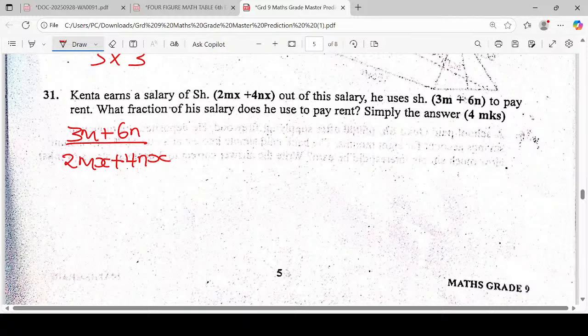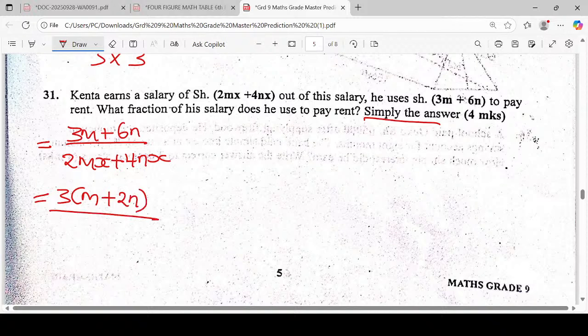In that case, learners, you can factor out the common terms. In our numerator, what is our common factor? You can see in our numerator, because we need to simplify, the common factor is 3. So we are going to have 3 into m plus 2n all over. The common factor in the denominator is 2x. We are going to have 2x out.